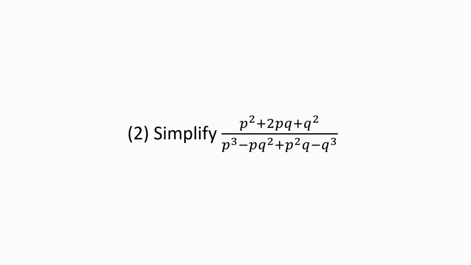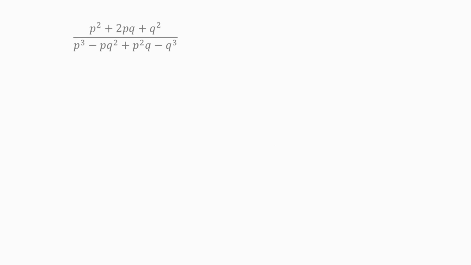Question 2. Simplify p squared plus 2pq plus q squared divided by p cubed minus pq squared plus p squared q minus q cubed. So that's the expression.